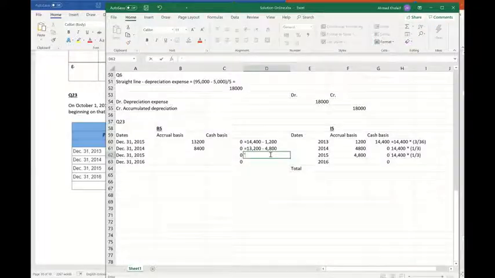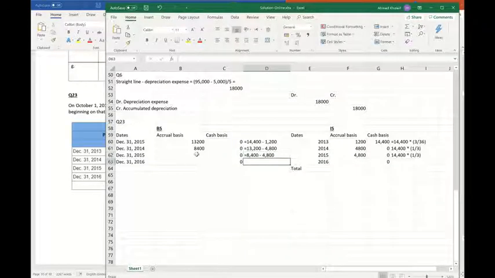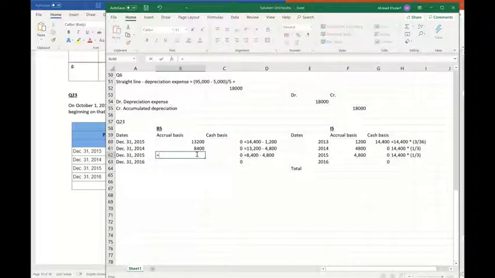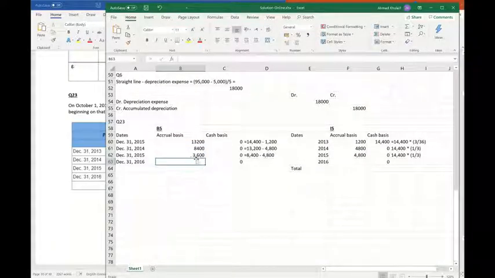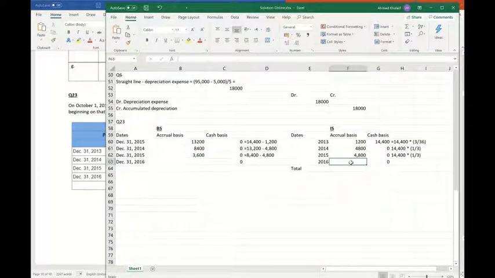And in the balance sheet, we will have 8,400, the remaining balance, minus the insurance expense in the third year, which is 4,800. So we still have unused insurance, 3,600, and this will be used in the final year.